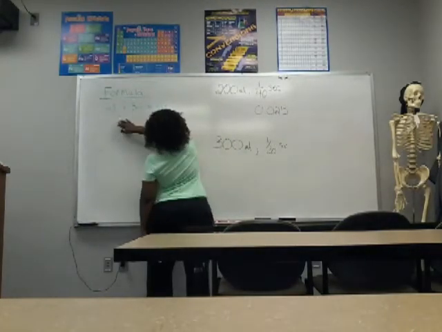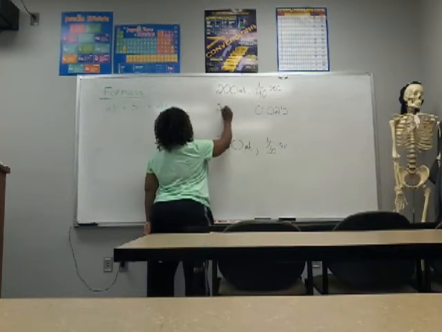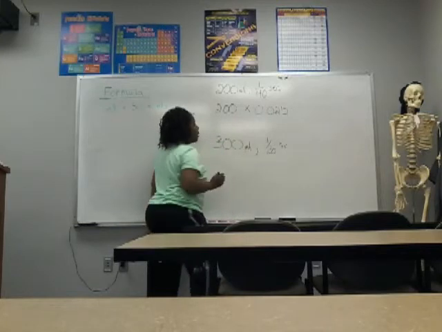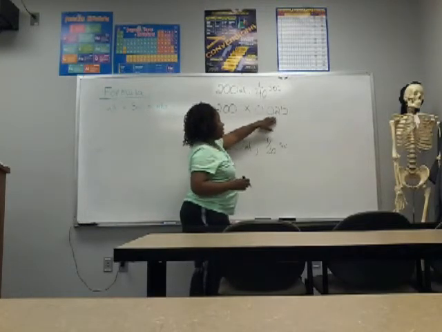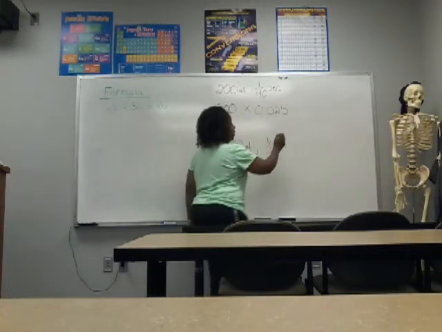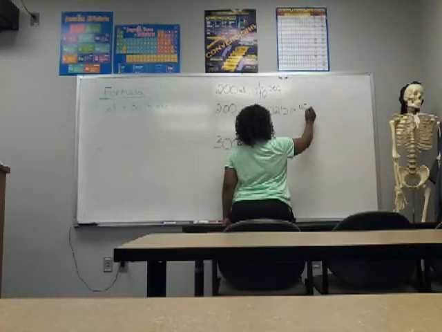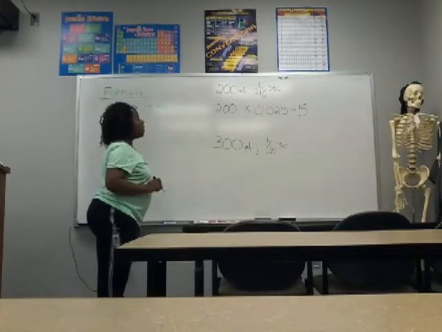And we're just going to plug it into the formula the same way. So it's the mA, which is 200, times our 1/40 now in decimal form, which is 0.025, which is going to equal 5. Very simple way of doing it.